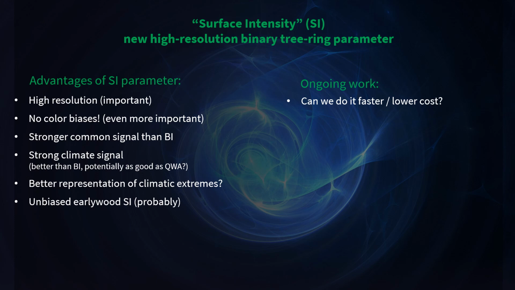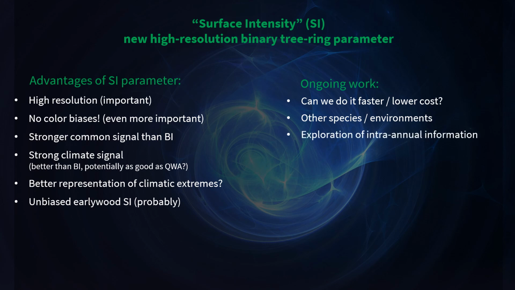So if we look at some ongoing work, there are some questions about whether or not we could potentially speed up some of these processes, reduce the size of the data sets that are generated, maybe even lower some of the costs, even though it's not a very costly parameter to generate compared to X-ray density, or even the anatomical data sets. We can start to look at other species and environments, including hardwoods and maybe even tropical environments.